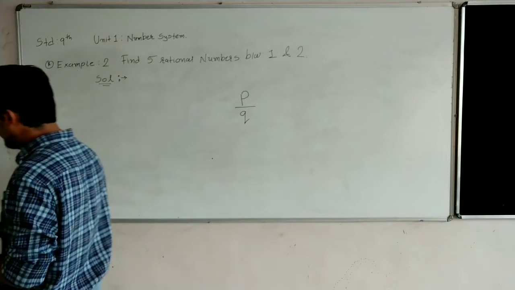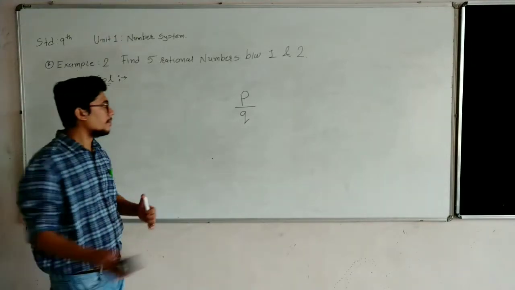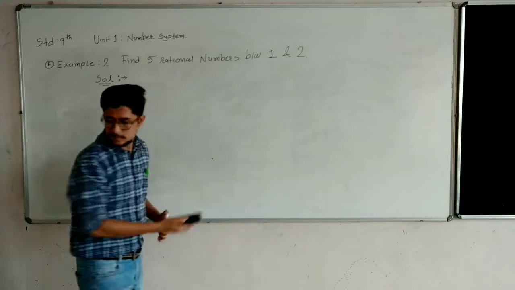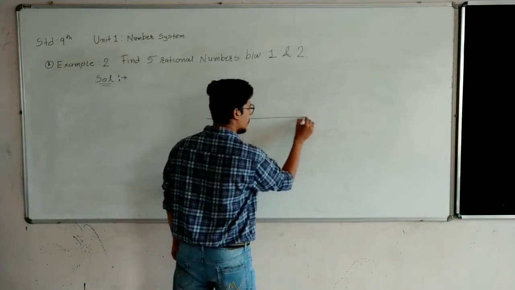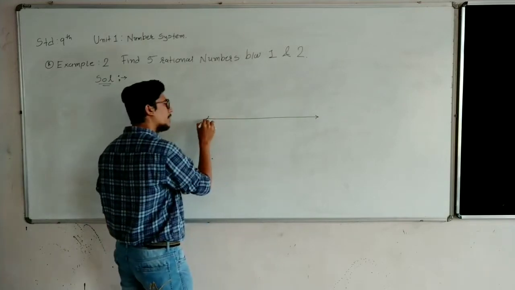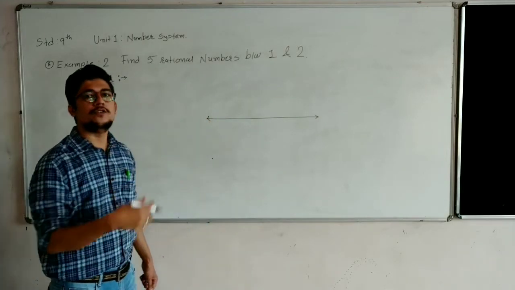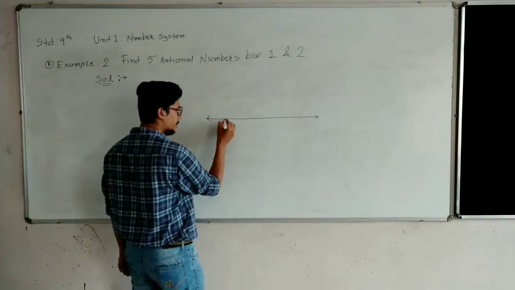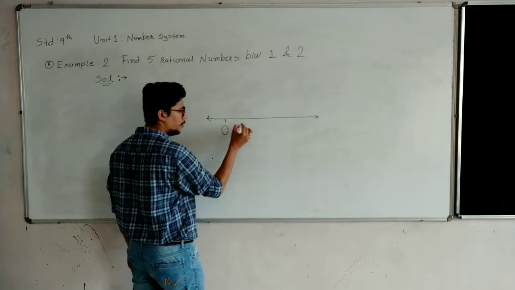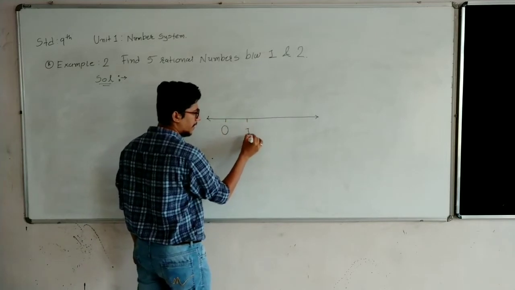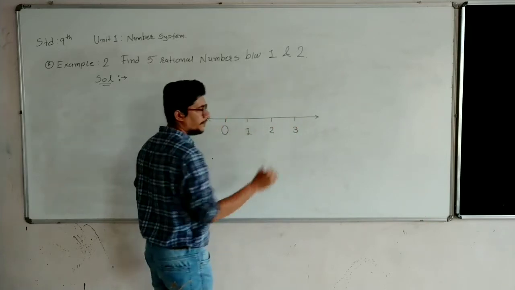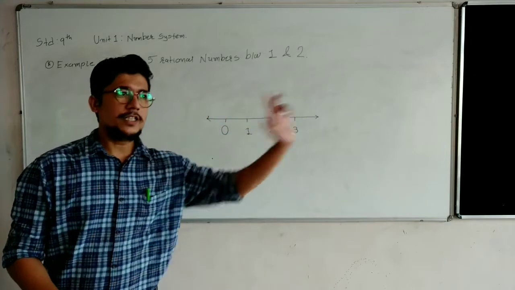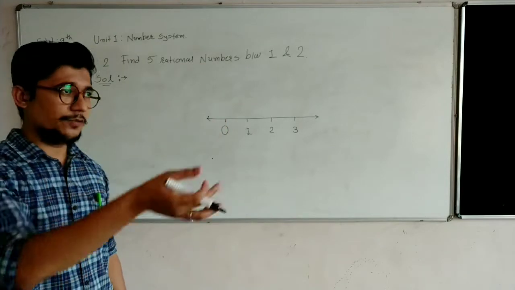Suppose I am drawing one number line, and I am taking only the right side of 0, that is positive integers only. Here I am indicating 0, here it is 1, here it is 2, here it is 3. I am indicating only the positive side of the number line after 0.